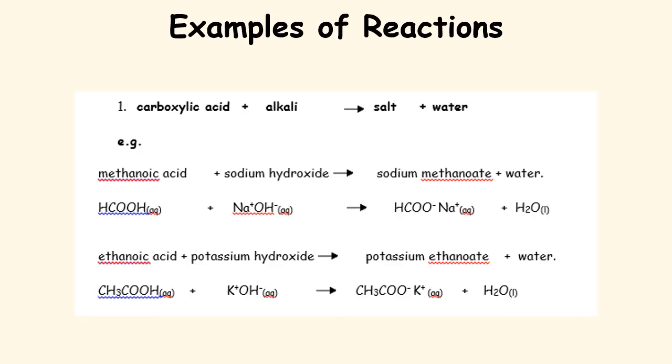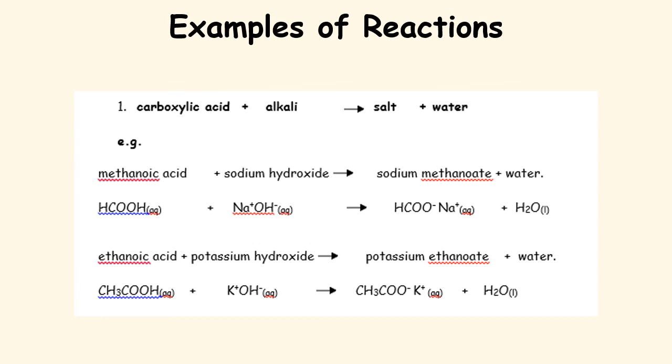And here's an example. So we have methanoic acid plus sodium hydroxide. Remember, carboxylic acid plus alkali goes to salt plus water. So methanoic acid plus sodium hydroxide gives us sodium methanoate plus water. Ethanoic acid plus potassium hydroxide would give us potassium ethanoate plus water.